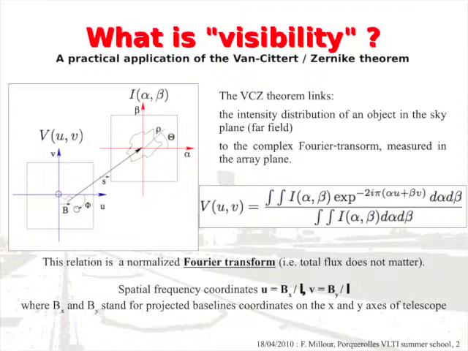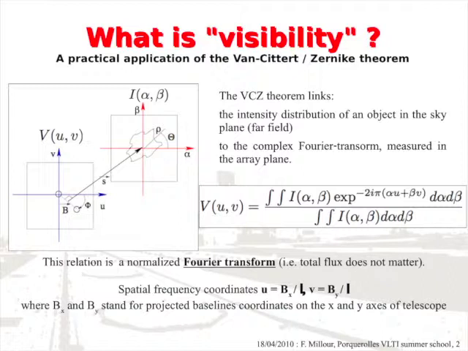What you have to remember, and you will have it all along the summer school, is that it has to do with Fourier transform. It corresponds to the Fourier transform of the image of your object. This is due to the fact that you measure with an interferometer, you're sensitive to this Fourier transform information.